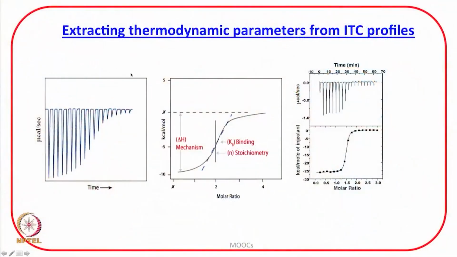Let us take a look at this slide. We discussed last time that the raw data from an isothermal titration calorimetric instrument will be in the form of microcalorie per second versus time or microjoules per second versus time.